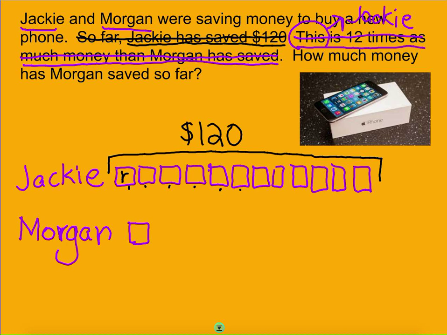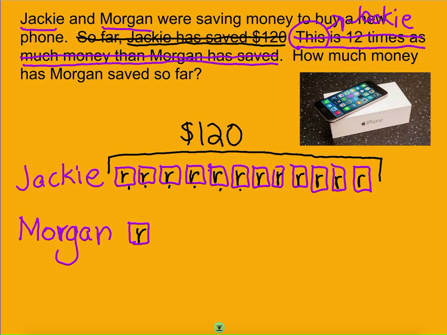So I'm going to keep on going, filling all my boxes with the letter R. Every box gets the same value, so every box is going to be an R.